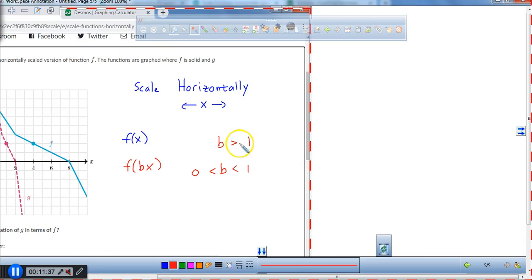If b is greater than 1, that means it's going to be a horizontal compression, or horizontally compressed, also known as shrinking. So those values are shrinking horizontally, and you'll see them compress horizontally. We're going to look at an example using Desmos.